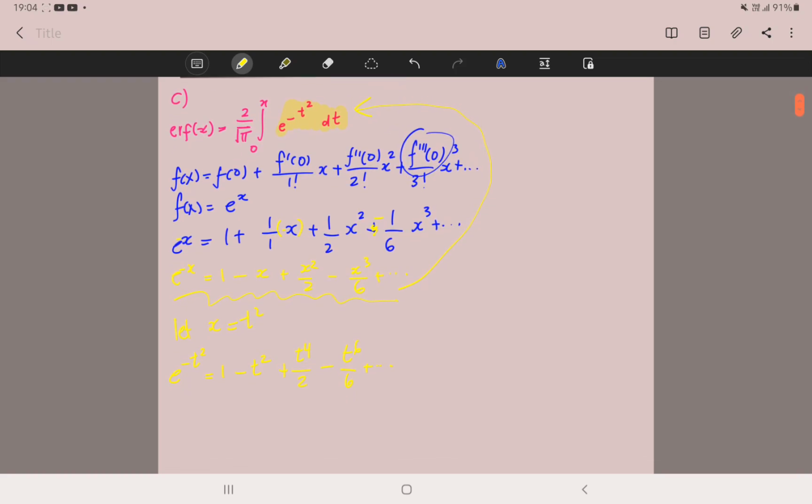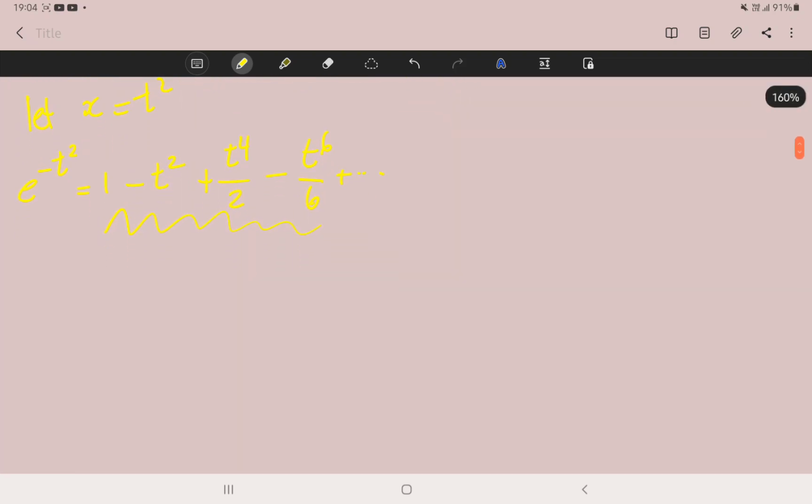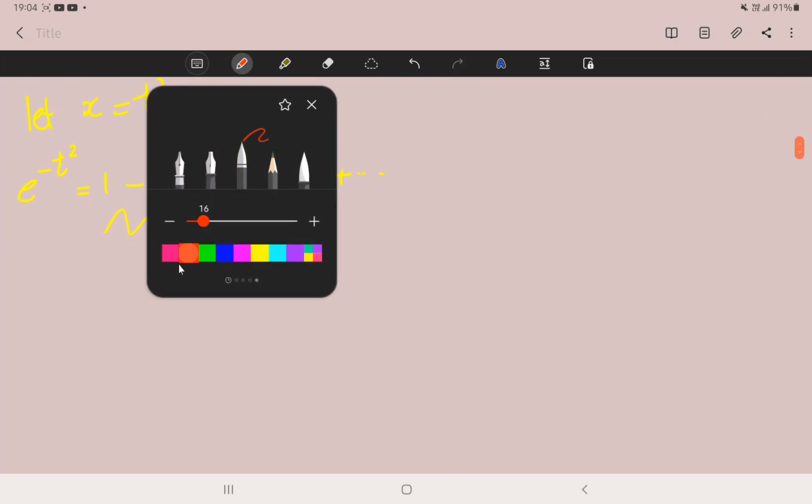We need to substitute this Taylor series into the integral expression. Hence we now have the error function is 2 over square root of pi, integral from 0 to x.